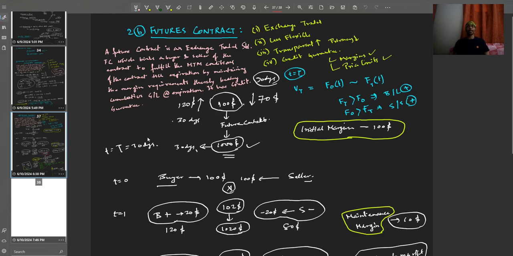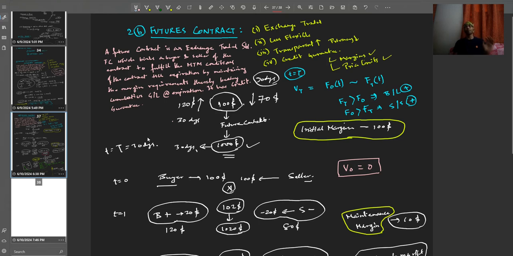The answer is the initial exchange. The initial value is 0. There is no exchange, both in case of a futures contract and in case of a forward contract. At t equal to 0, the exchange or the value of the contract is 0.